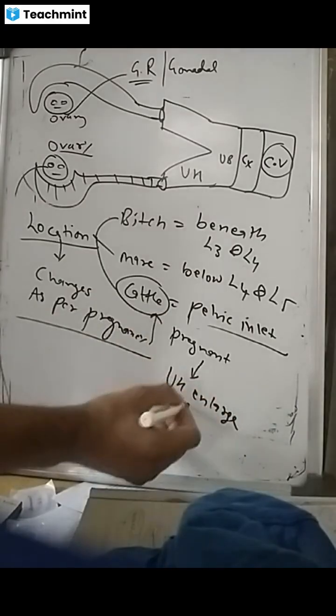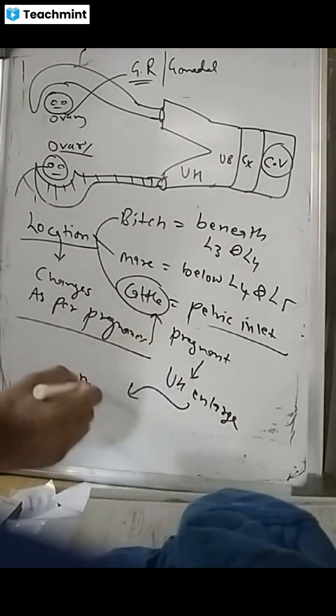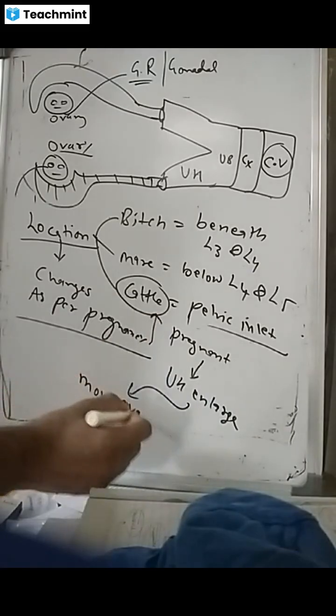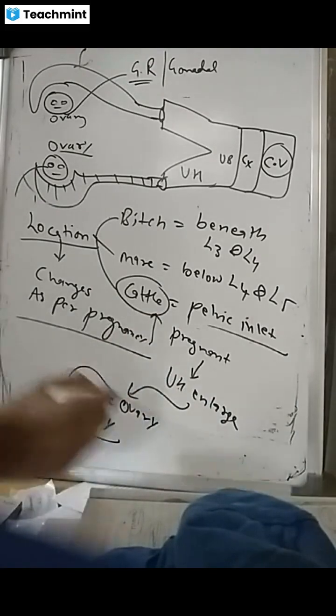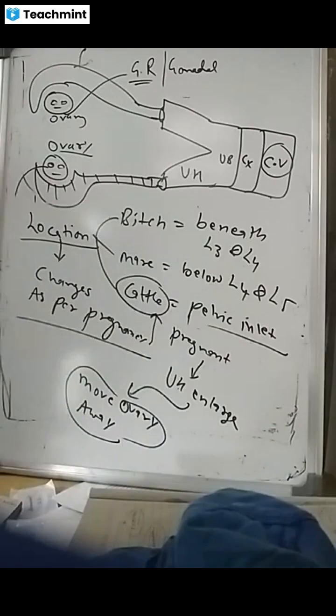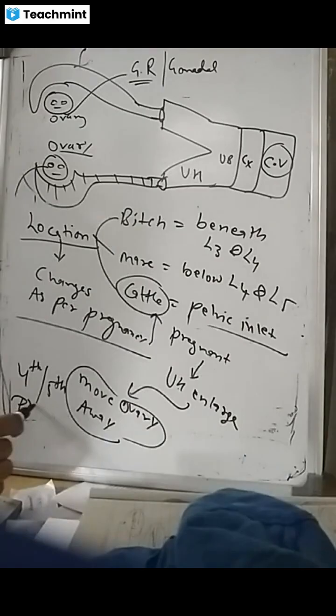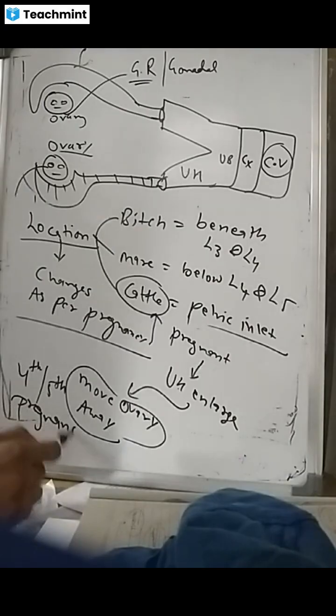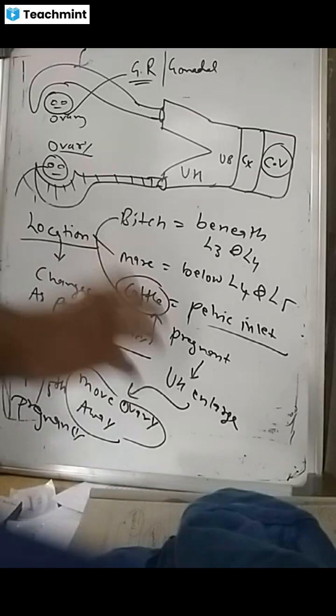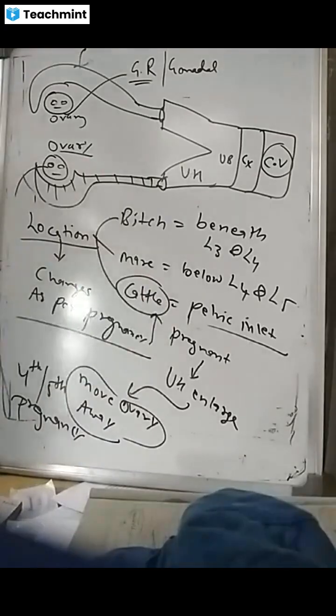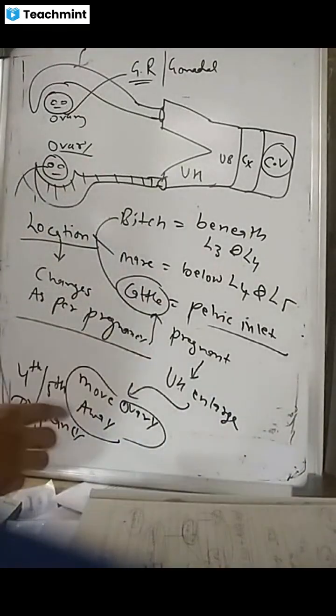In case of a pregnant animal, the uterine horns become large and big, and they move the ovaries. The ovaries are moved forward during pregnancy, by the fourth or fifth month in case of cow.